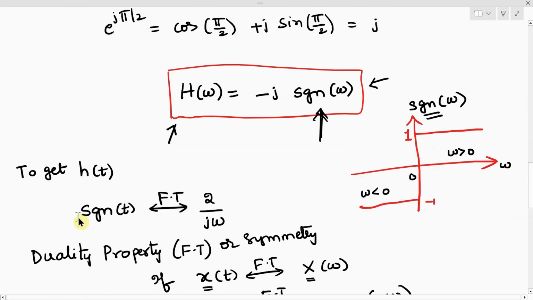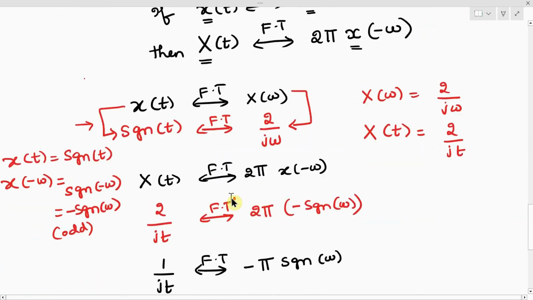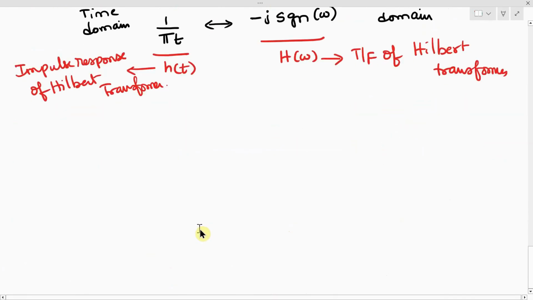Knowing that signum function of t has a Fourier transform of 2 by j omega, by applying the duality property, I got the inverse Fourier transform of minus j signum function of omega, which now represents the impulse response of the Hilbert transform.